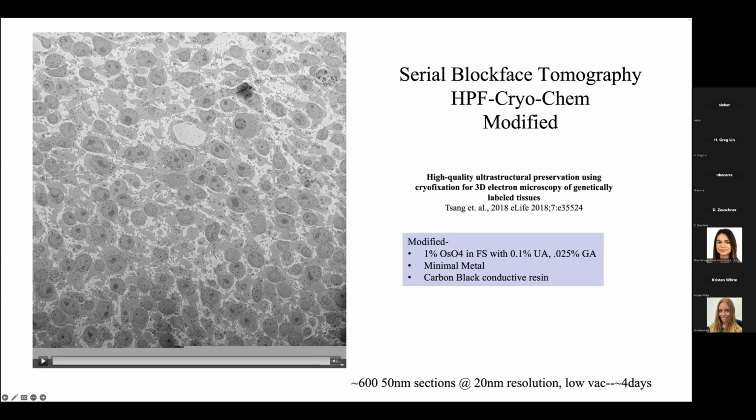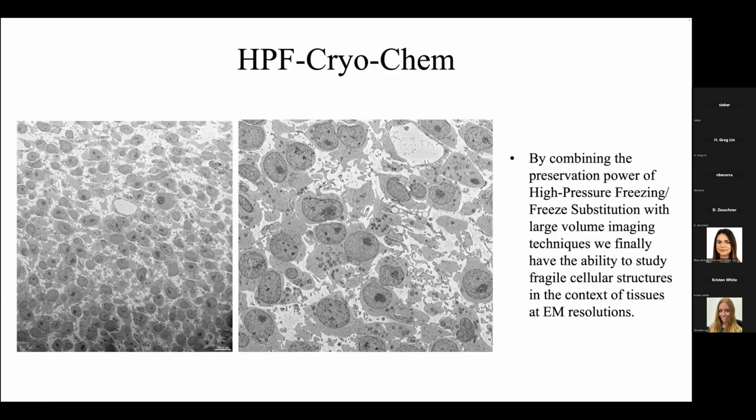This was newish data, and this is just a higher mag. And just to reinforce this idea: by combining the preservation power of high pressure freezing and freeze substitution with the large volume imaging technique, we finally have the ability to study fragile cellular structures in the context of tissues at EM resolutions. I think this project also goes to the larger scheme where a lot of folks now want to jump directly to cryo-electron tomography, yet they really have no understanding of what the cellular context is.